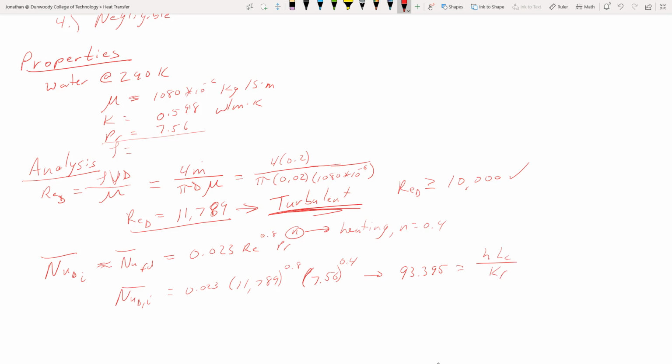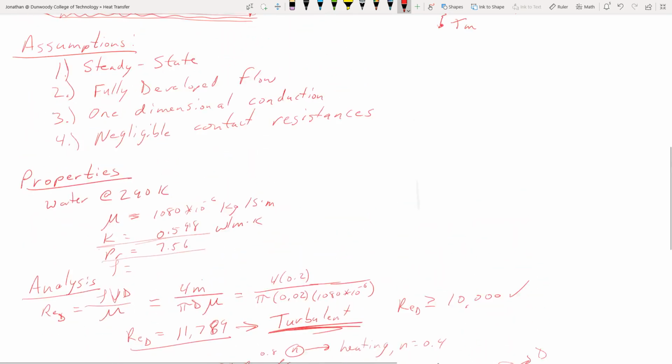which is also equal to h Lc over k_f. And in this case, what is Lc? It's going to be my diameter. So I get 93.395 times k. Looking up here, we got 0.598 divided by 0.02 meters. Sorry, inside diameter, right?